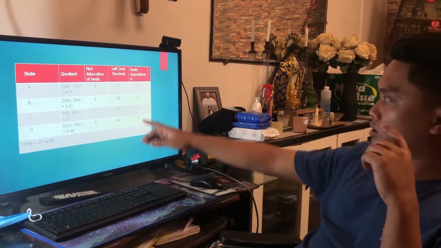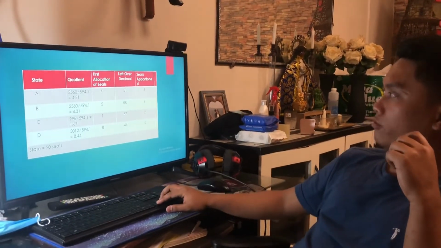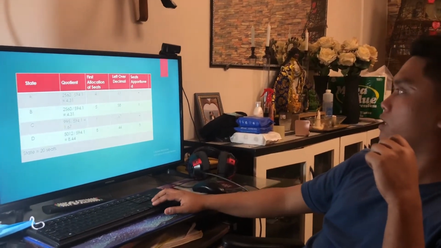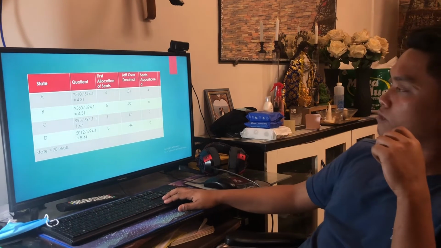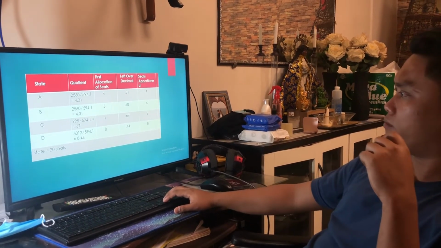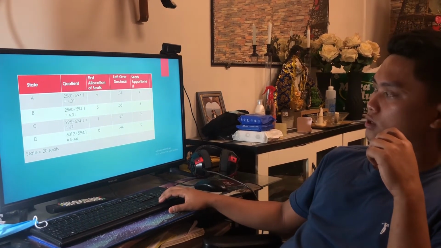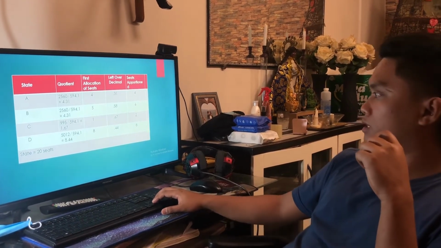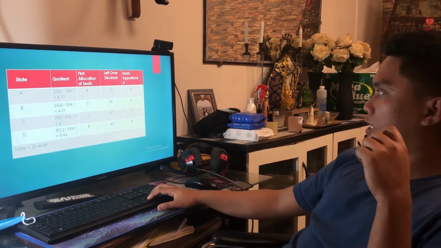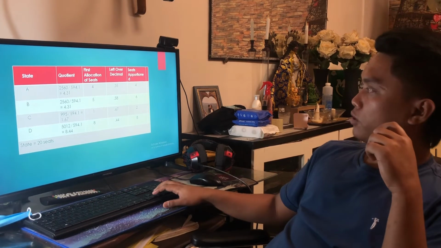The first allocation of seats is 5, the leftover decimal is 0.58, and the seat appointed is 6. State C, 995 divided by 594.1 equals 1.67, the first allocation of seats is 1, the leftover decimal is 0.67, and the seat appointed is 2.